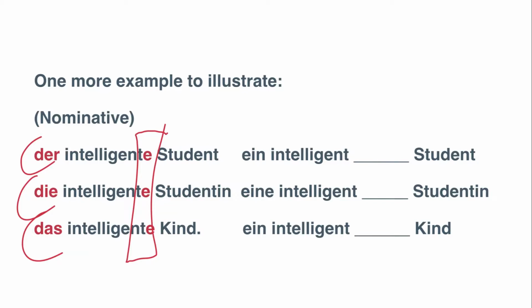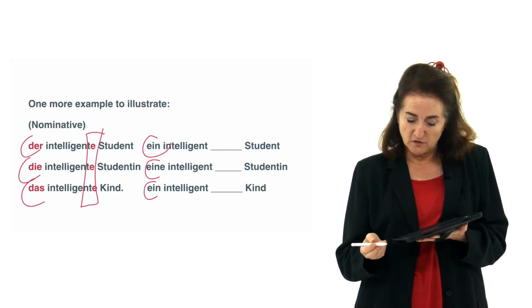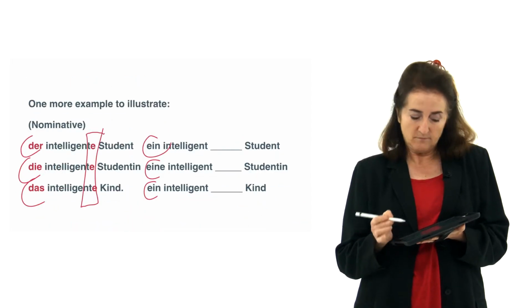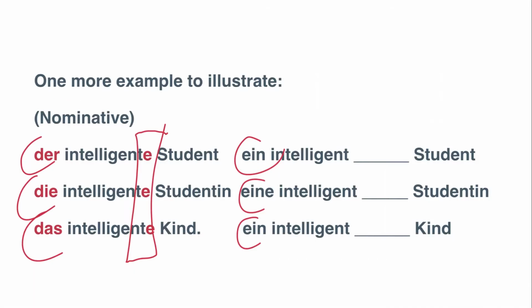Now let's look at the indefinite article, ein, eine, and ein for neuter. Now we do need to indicate what's what. So remember nominative, masculine ending, der Student.